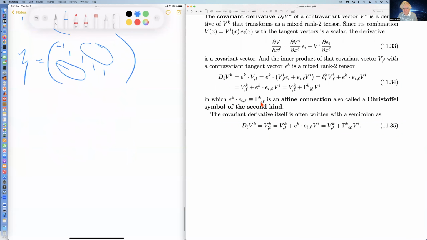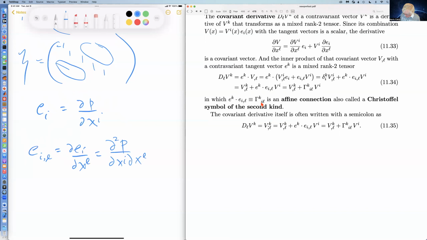Now, let me just mention that since E lower I is the partial of P with respect to x I, E I comma L is the partial of E I with respect to X L. So this is the second partial of P with respect to X I with respect to X L. But partial derivatives commute. So this is also the second partial derivative with respect to X L with respect to X I of this.